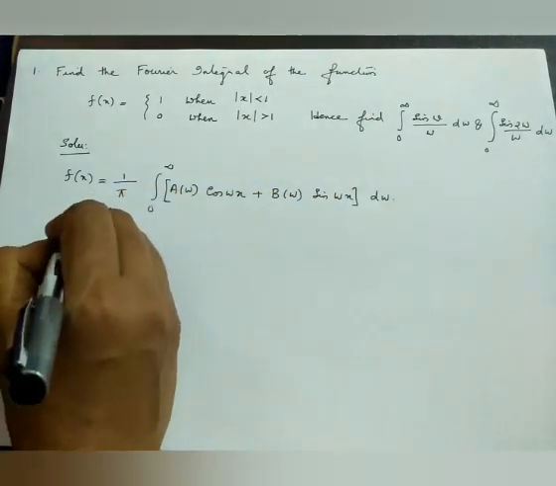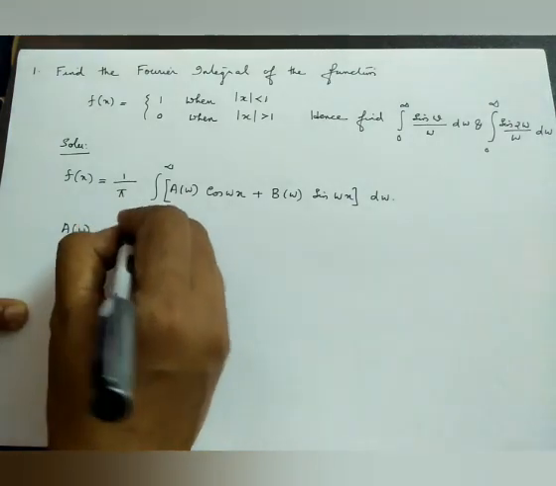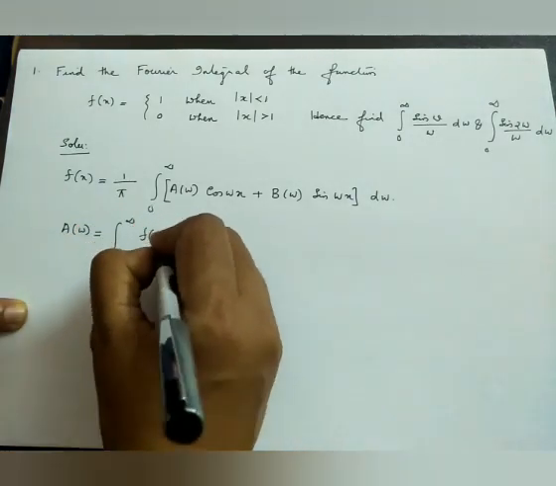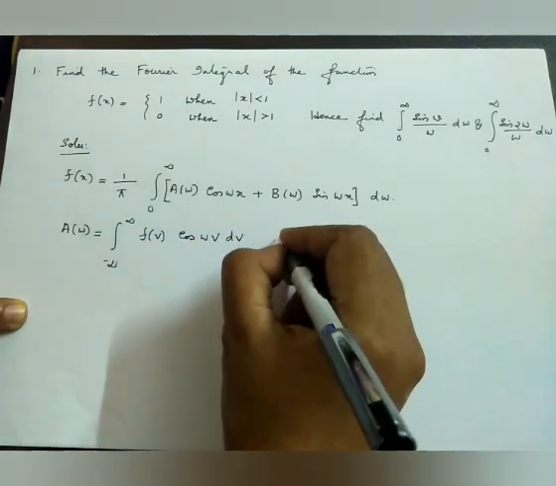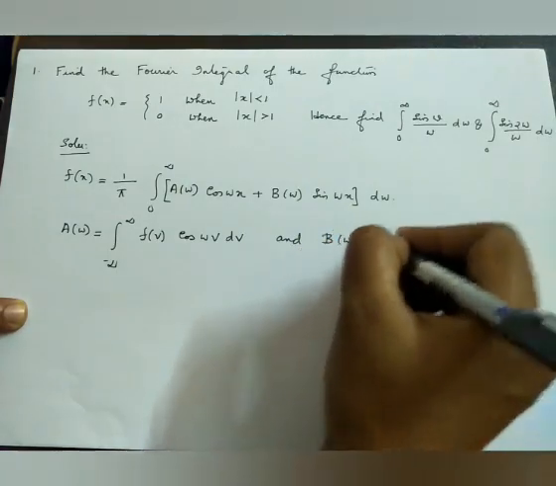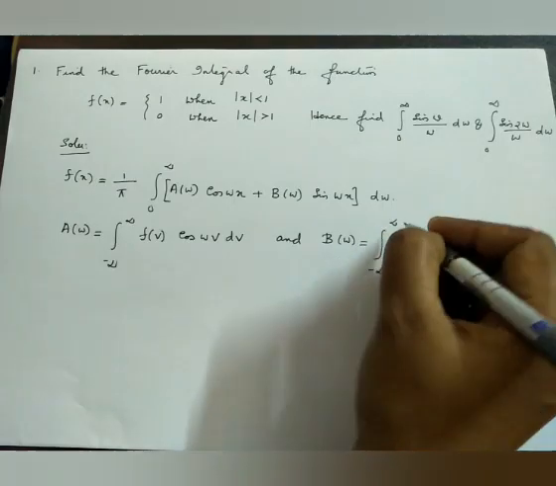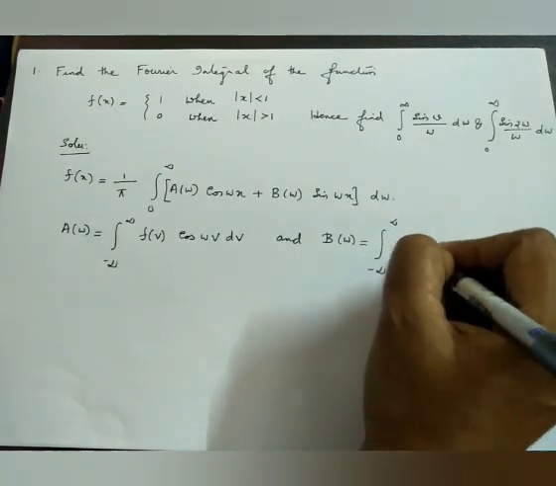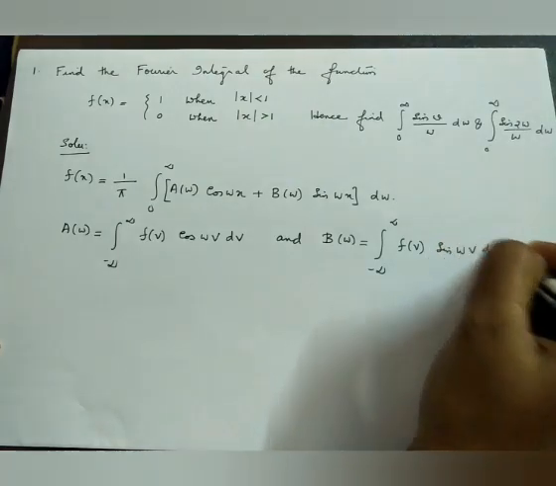Here a omega is integral from minus infinity to infinity of f of v cos omega v dv and b omega is integral from minus infinity to infinity of f of v sin omega v dv.